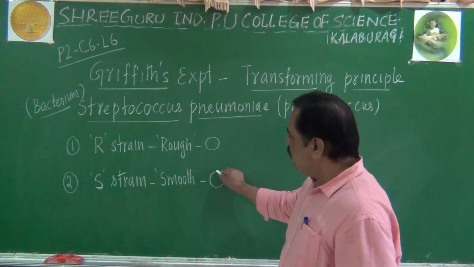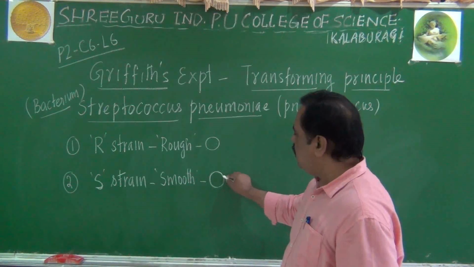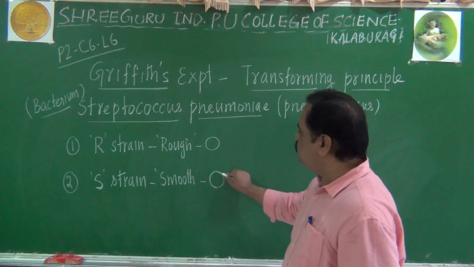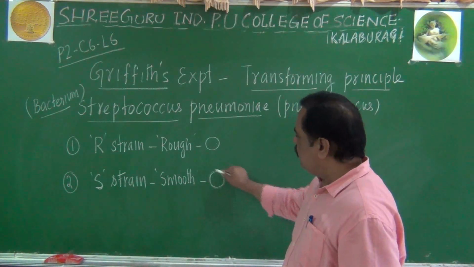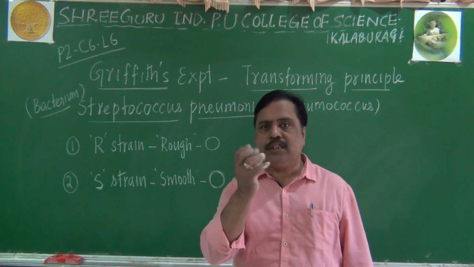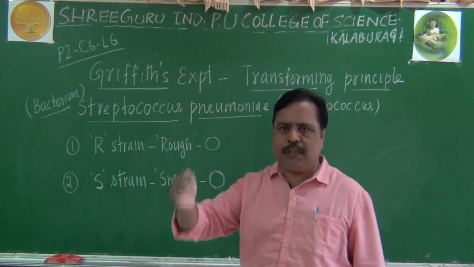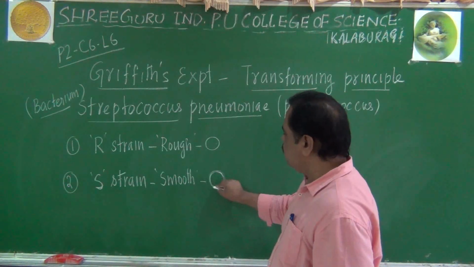It produces a polysaccharide which surrounds the cell wall and becomes a smooth capsule outside. So these S bacteria look smooth and glistening due to the presence of that special polysaccharide.